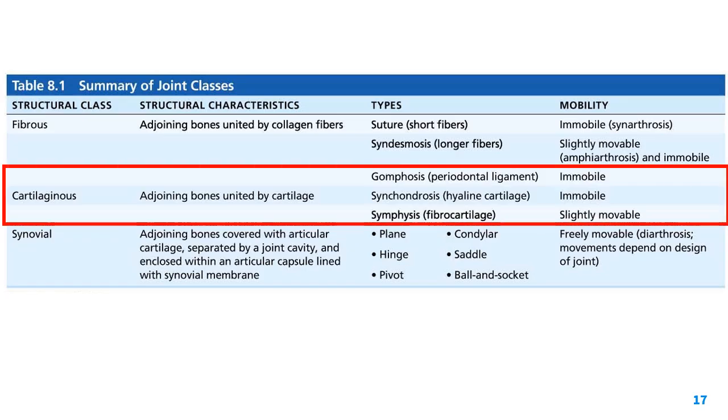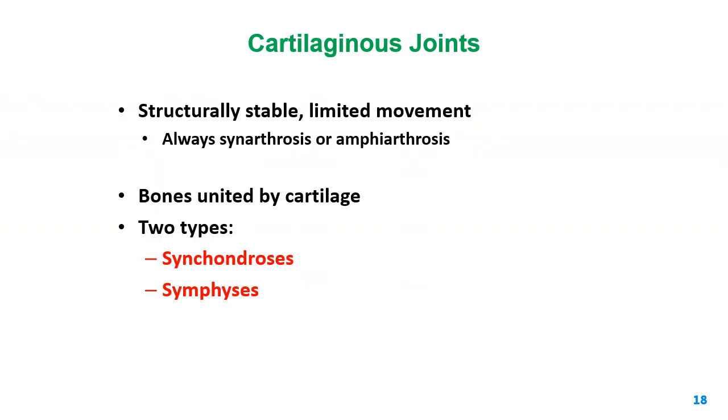So now going to the next stage, cartilaginous joints. These are going to be quite interesting. They're not totally movable yet. So you have limited movement, and you're going to have basically two types of joints here: the synchondrosis and symphysis.